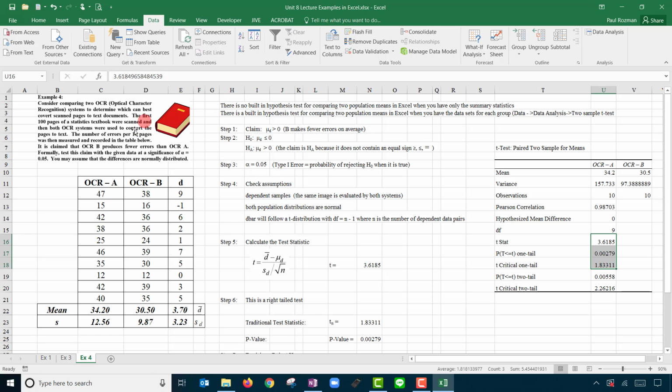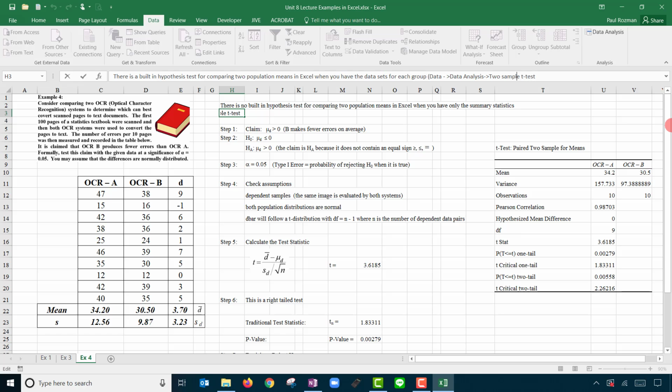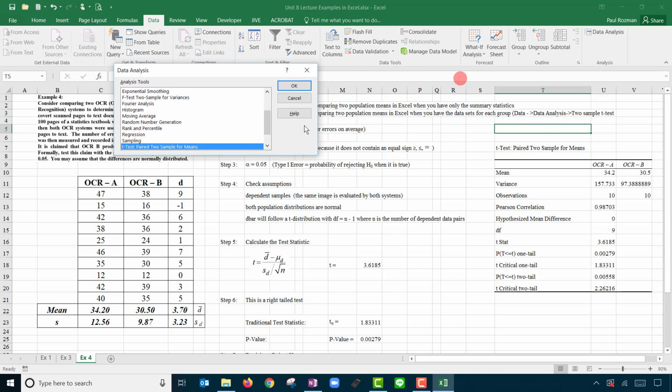I think I'm going to hit save on that so we have that in here. And I'm going to edit this to say, what was it called?